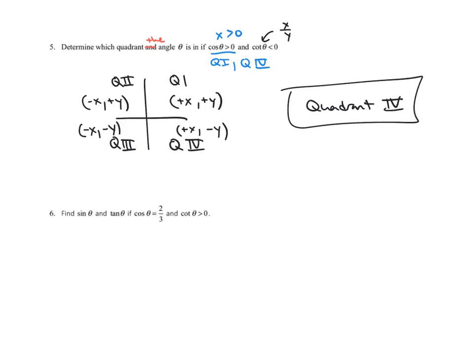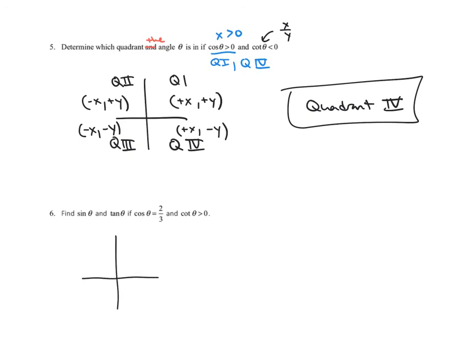Okay, so along the same lines in the next one, find sine theta and tangent theta if cosine theta is 2/3 and cotangent theta is greater than 0. Okay, so if cotangent is positive, and we know cosine is positive because cosine is 2/3, so if they're both positive, we would need both the x and y coordinate to be positive, so it must be in quadrant 1.